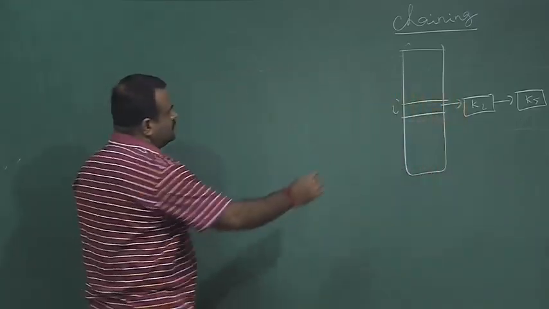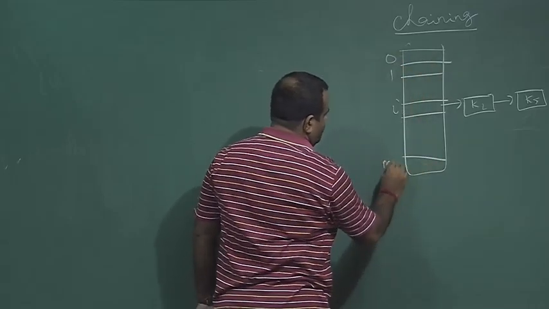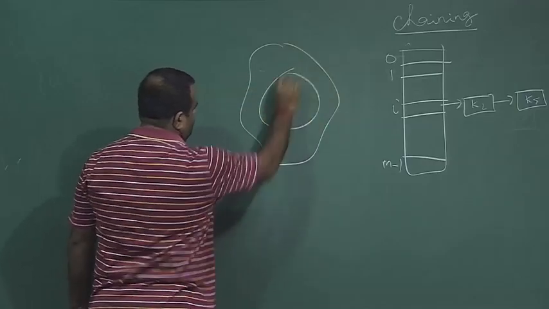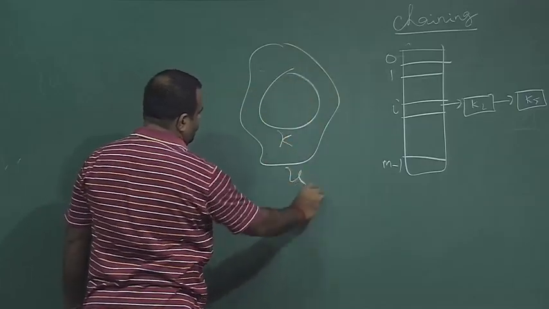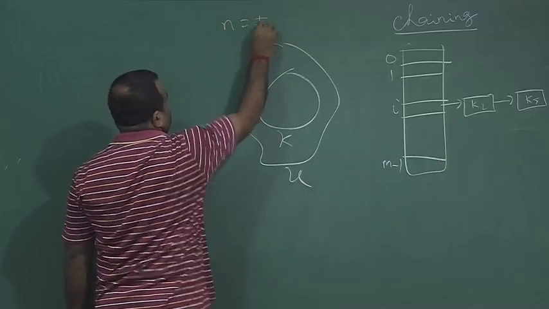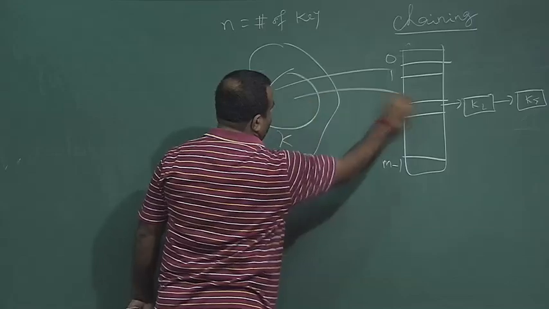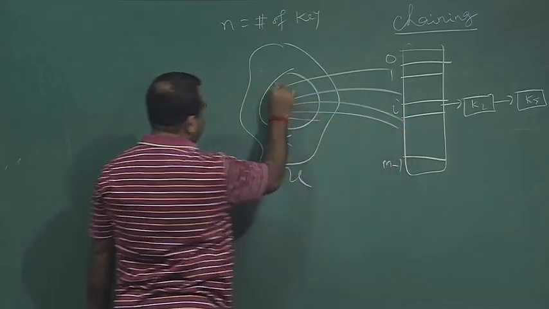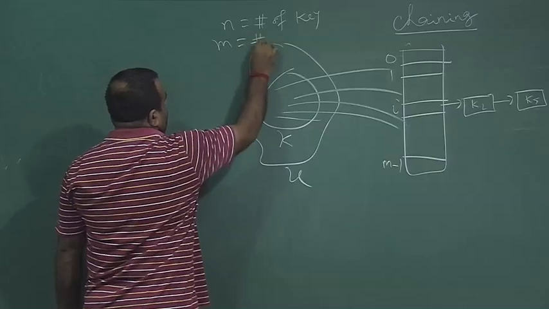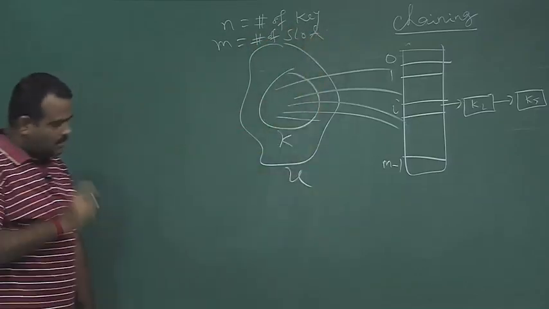Okay. So this is our table 0, 1 up to m minus 1, and this is our set of keys of our interest. This is the universe of the keys, and suppose n is the number of keys which are mapped here, k1, k2, kn, and m here is the number of slots.